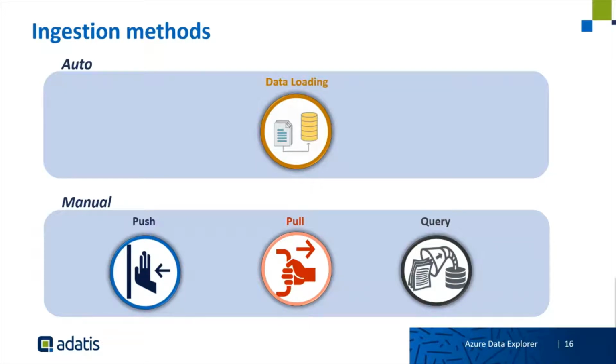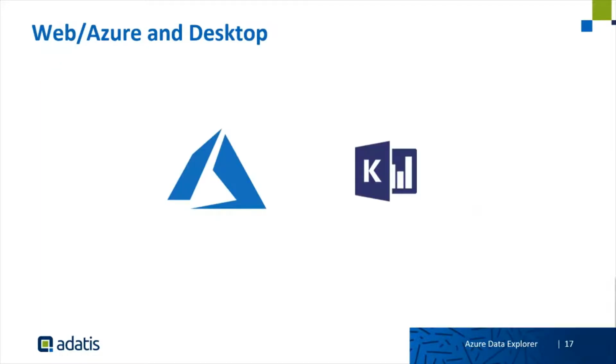There are supported data formats. There are many different ones: text, CSV, JSON, Parquet, and it also supports compressed gzip data, for instance, or zipped data. And Azure Data Explorer could be used through two main user interfaces.